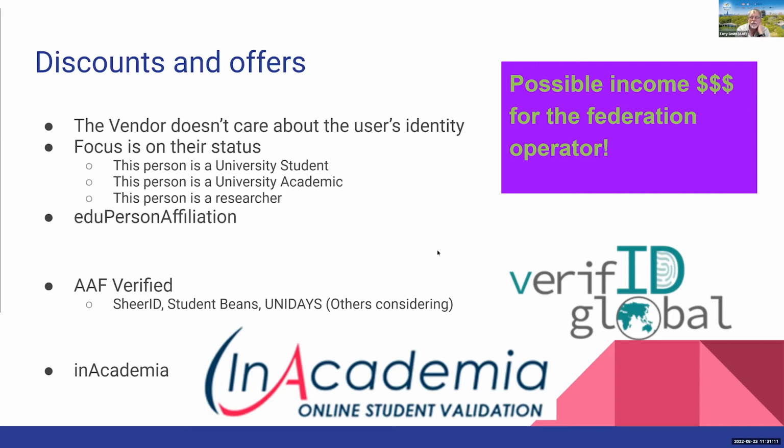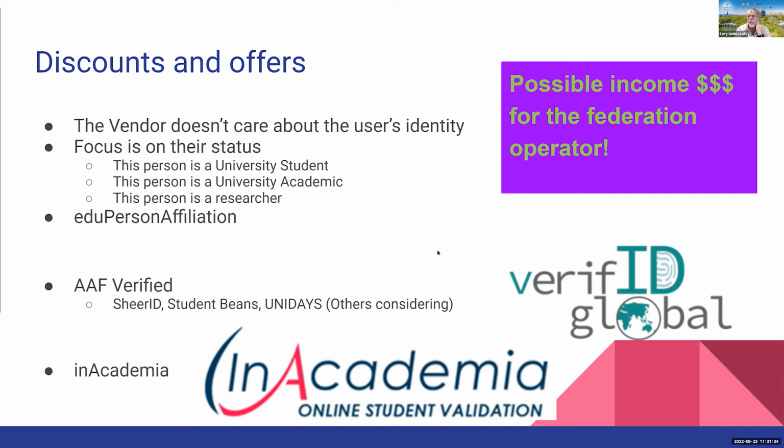There's AAF's Verified service, or Verified, which currently supports ShareID, Student Beans and UniDays, and others are considering it. And there's the EU's In Academia, which is another online student verification system.